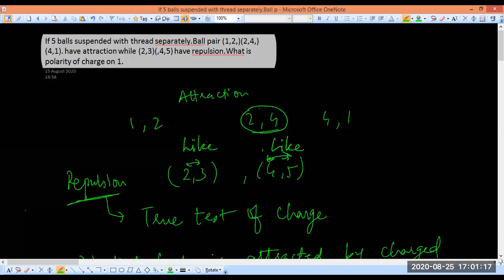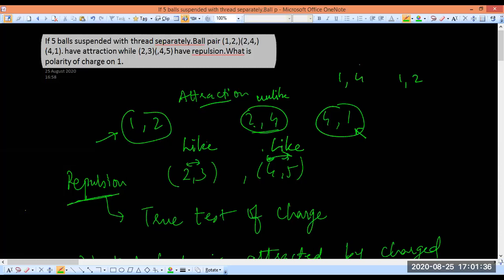Now look at 1 here. 1 is having attraction with 2 and 4 both. But 2 and 4 are having attraction with each other, which means they are unlike. So if 4 is positive, 2 is negative.